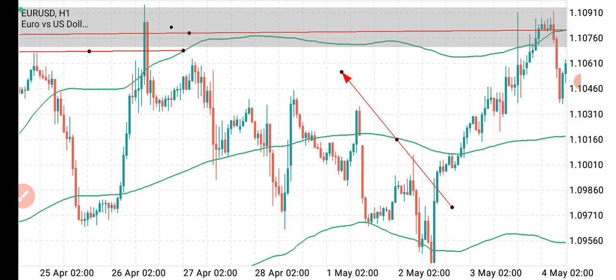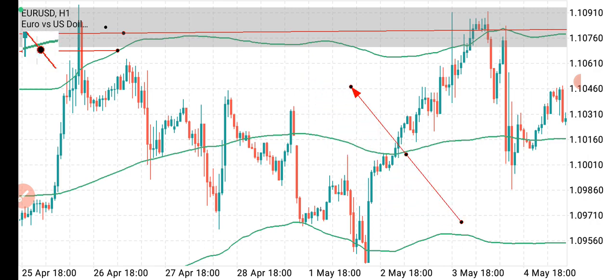Now what do I do as a price action trader? I will wait for the price to return back into this zone for me to make an entry. And then you see price returning to this zone. Now what do I look for in this zone? First, remember the zone you marked out for you to take an entry for this reversal.